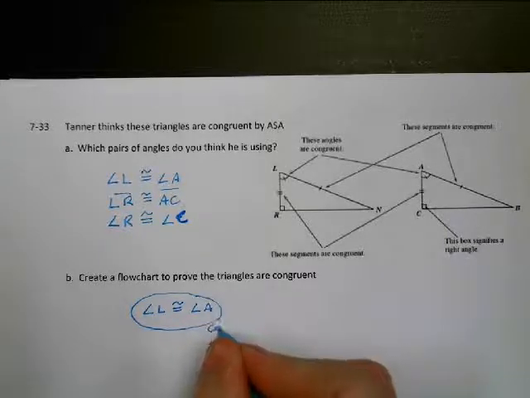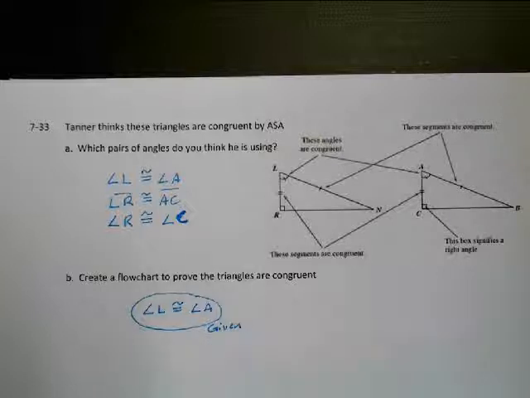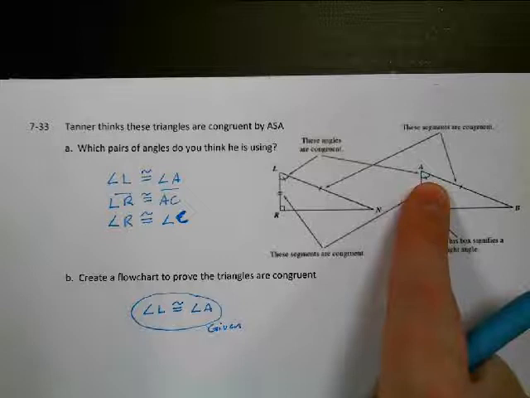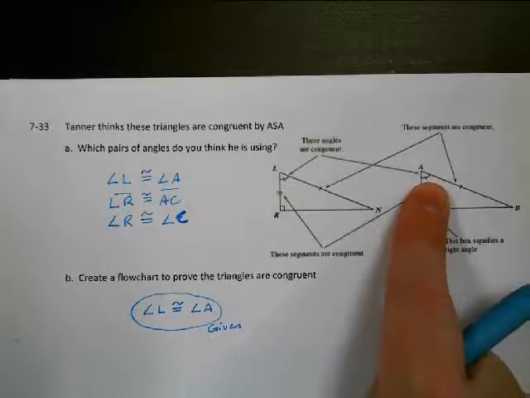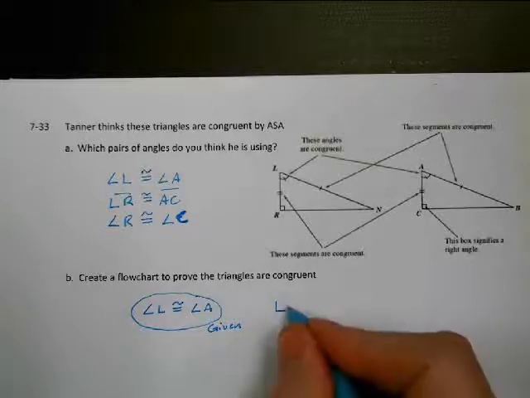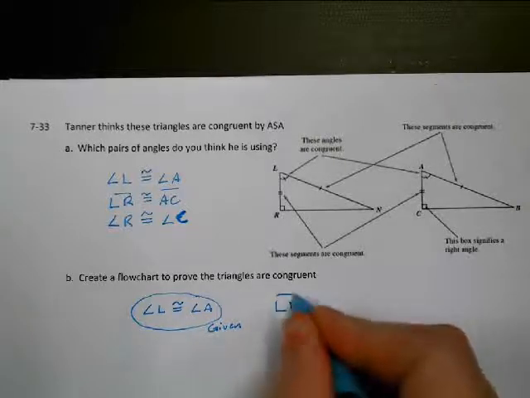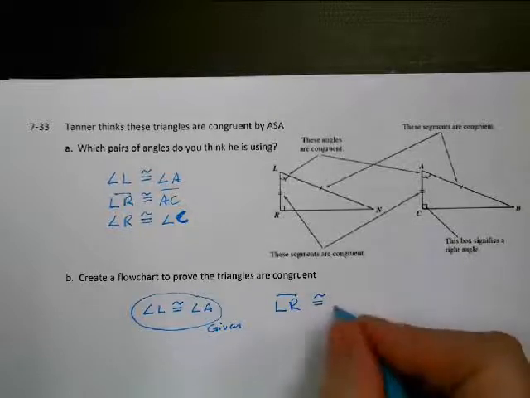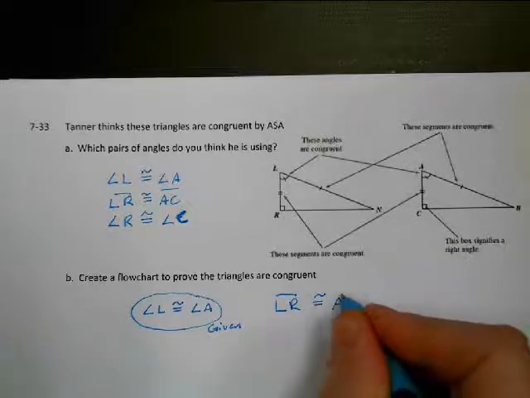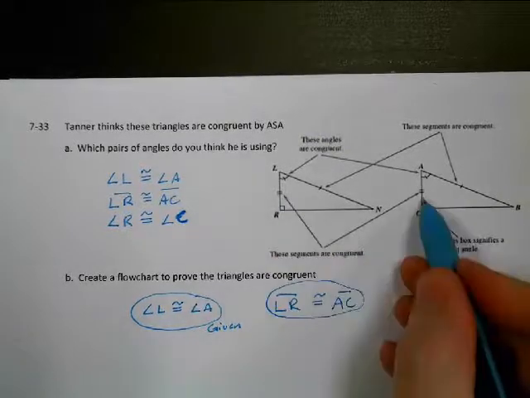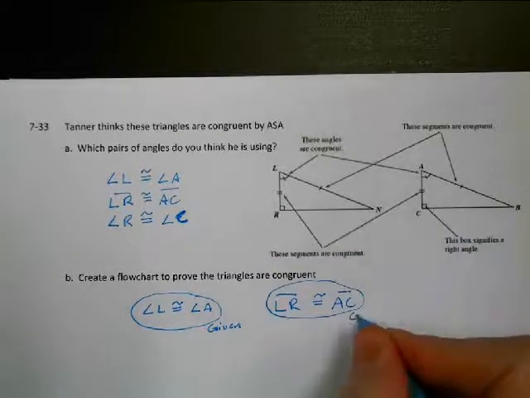They told me it right here with these tick marks. They're the same. Okay, they also told me with the tick marks that LR is congruent to AC. Tick marks, it's given. That's what tick marks mean. It means they're congruent to each other.